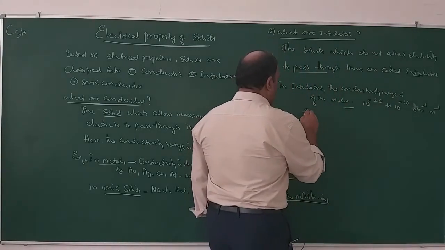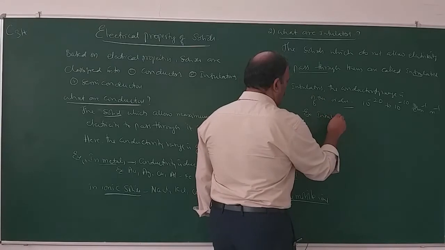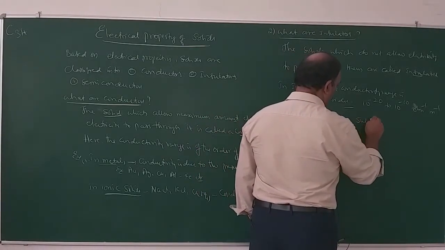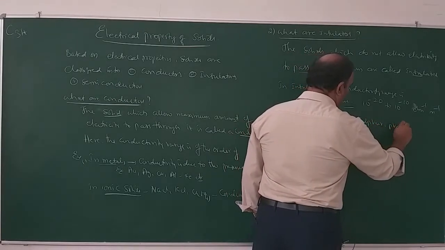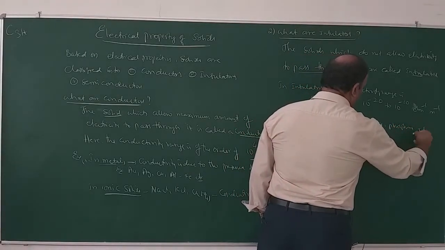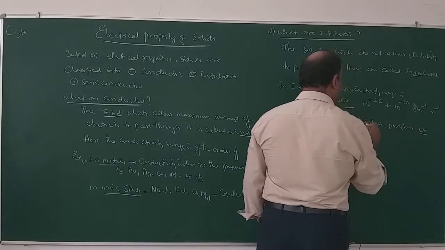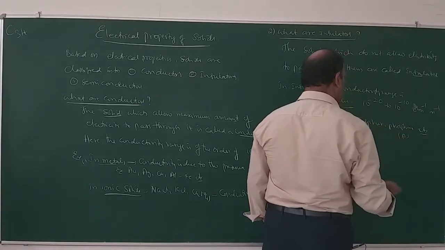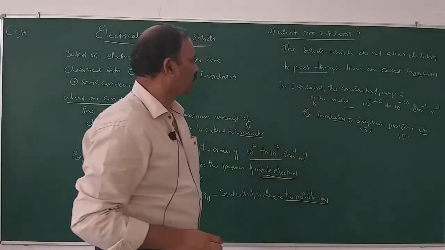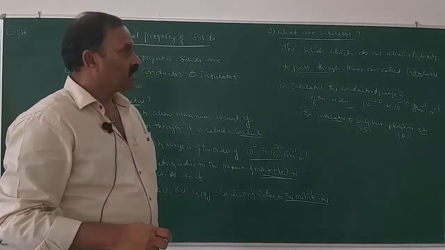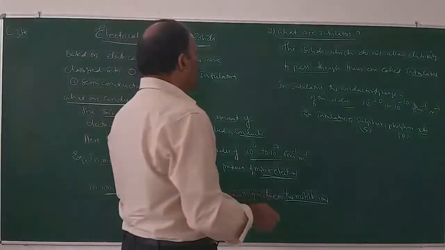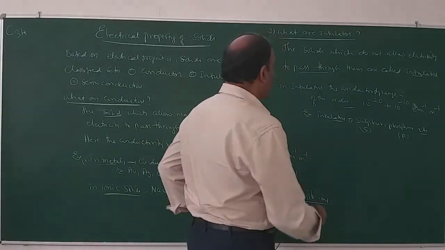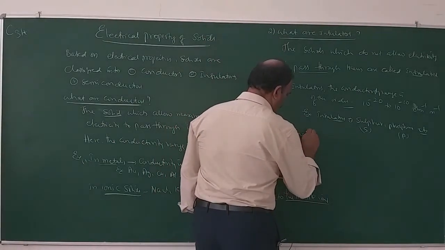Examples for insulators: solids like sulfur, phosphorus, etc. These are insulators. Now, coming to another type of solids, namely semiconductors.